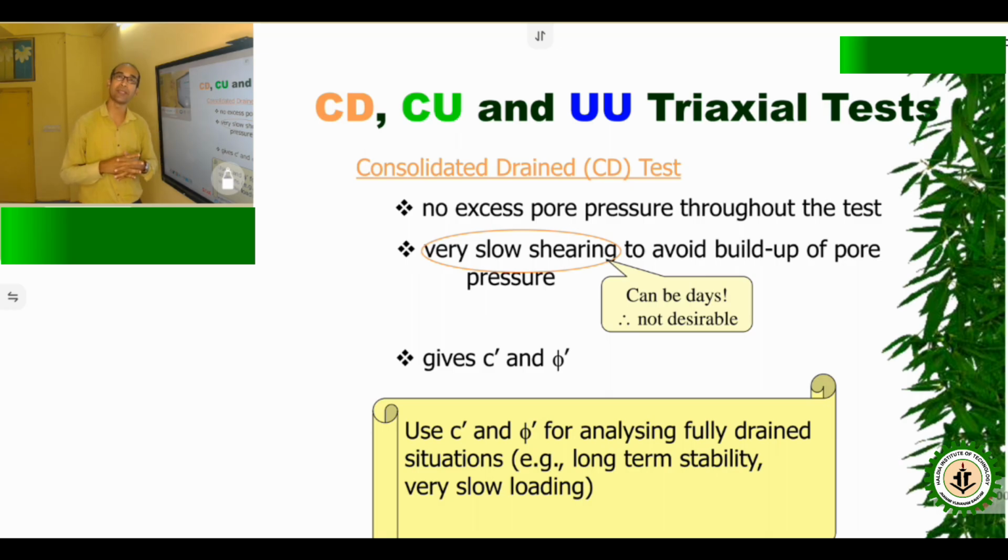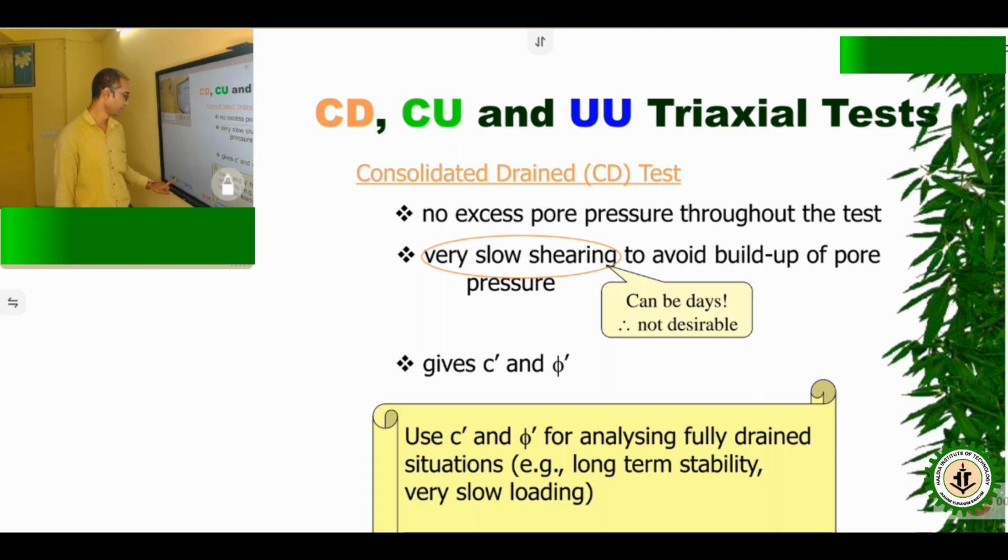Due to this water in the void space, it is called pore water pressure. So no excess pore water pressure throughout the test, with very slow shearing to avoid build-up of pore pressure, which can take days and is not desirable, and it gives C dash and phi dash. Use C dash and phi dash for analysis of fully drained situations, long-term stability and very slow loading. These are the features of consolidated drained.